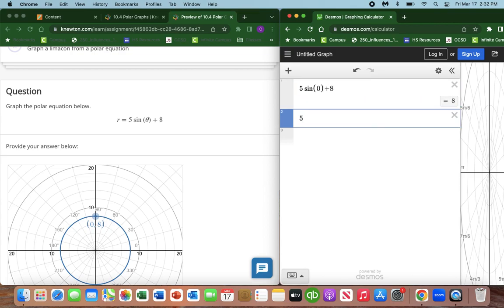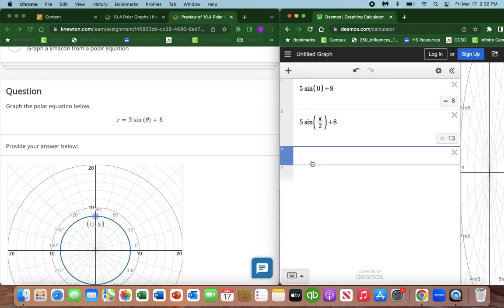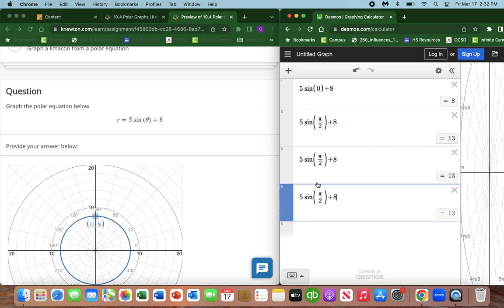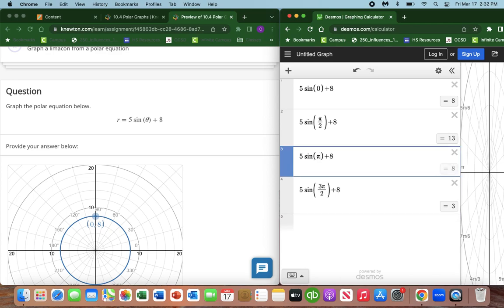And then 5 sine of pi over 2 plus 8. I'm going to copy this so I can do it 2 more times. We're going to do 3 pi over 2, and then we'll also do just pi. Okay, so you're getting 8, 13, 8, and then 3. So let's graph these and see what happens.